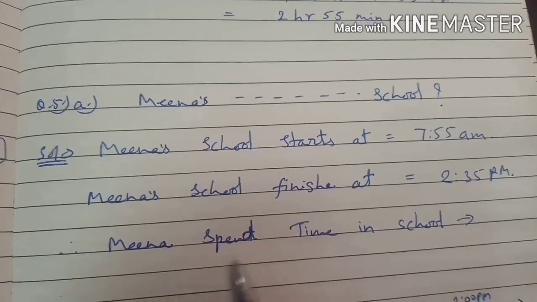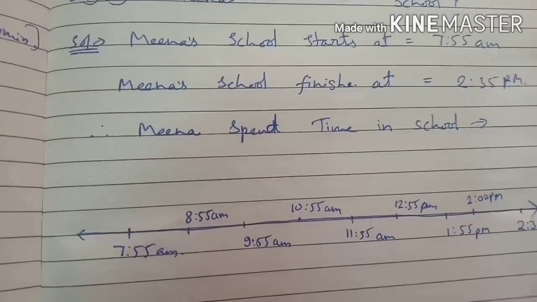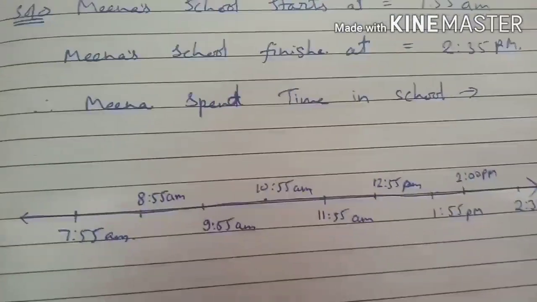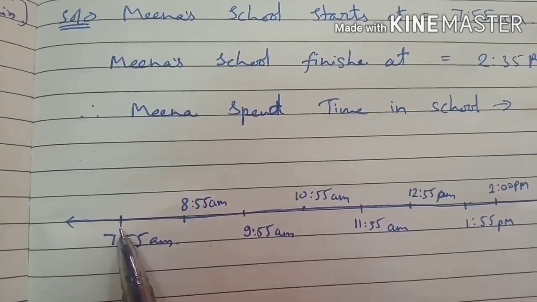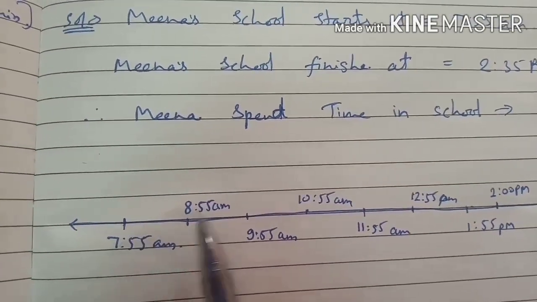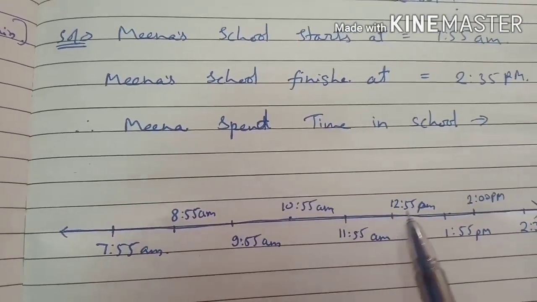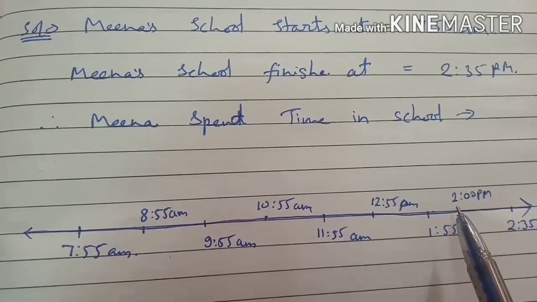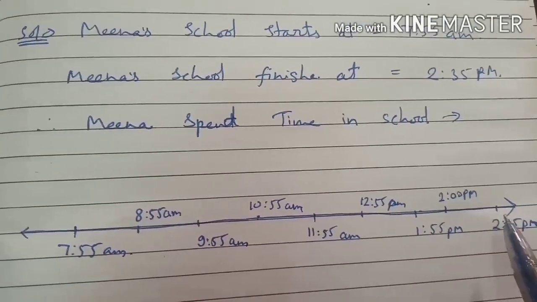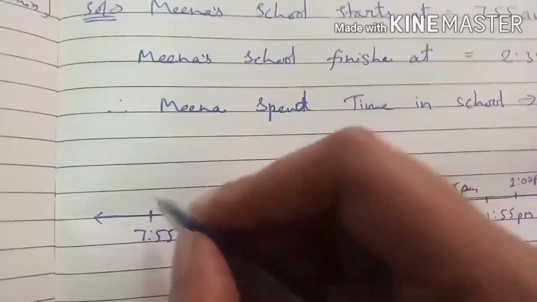Therefore Mina's time spent in school is equal to... first of all we will draw a timeline. Here you can see Mina's school starts at 7:55, then 8:55, 9:55, 10:55, 11:55, 12:55, 1:55, 2 p.m. and 2:35 p.m. Now we will count the time.